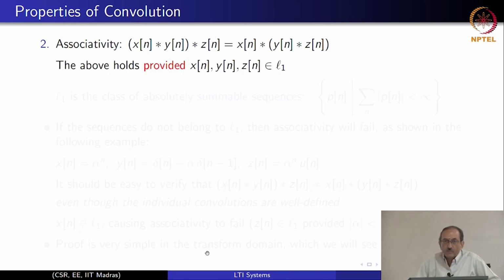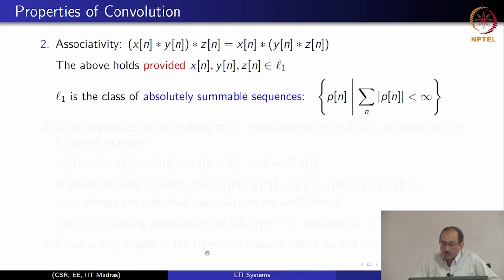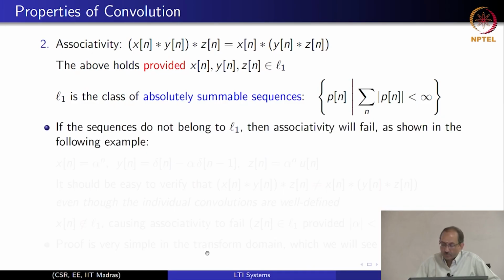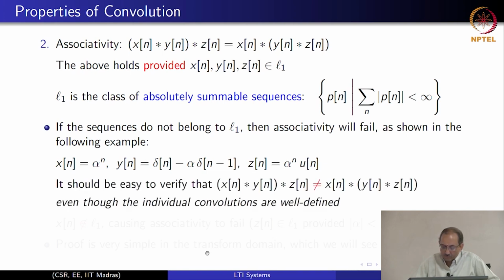So, the above holds provided that each of these three sequences belongs to the space of L1, and L1 is the class of absolutely summable sequences. So, if the sequences do not belong to L1, then associativity will fail. So, this is exactly the sequence that I worked out the details of just now. As we saw, each of these individual convolutions exists, there are no problems, but associativity does not hold.